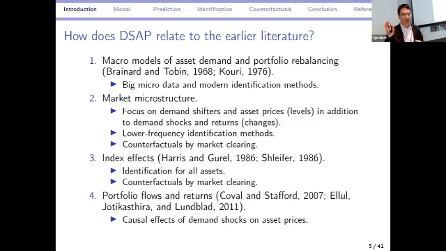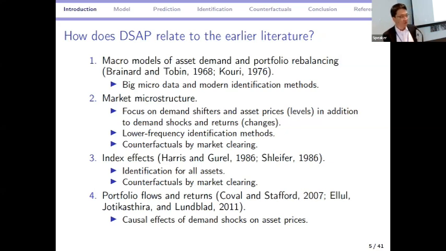A stock on the cusp of the Russell 1000, 2000 might not be representative of stocks in general. So we want to be able to estimate elasticities for all stocks, not just the stocks that are at the cutoff.